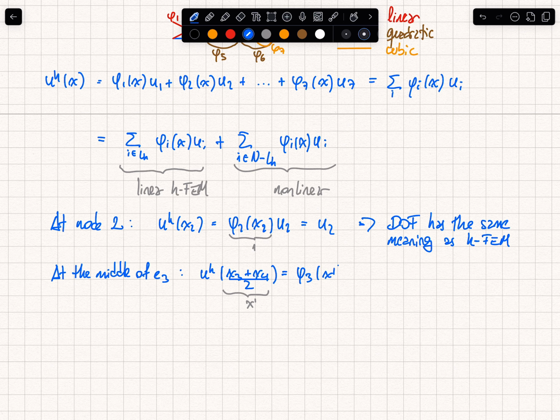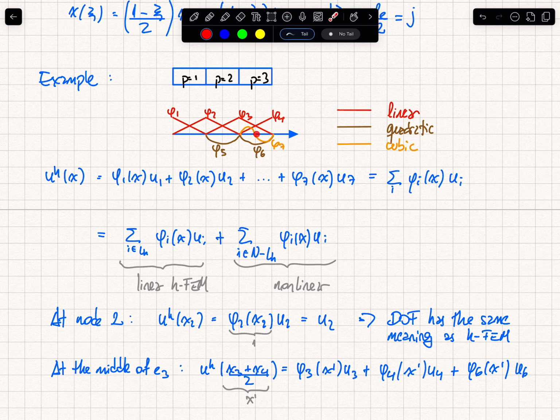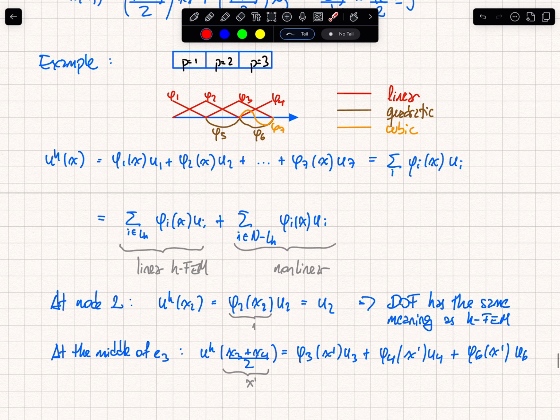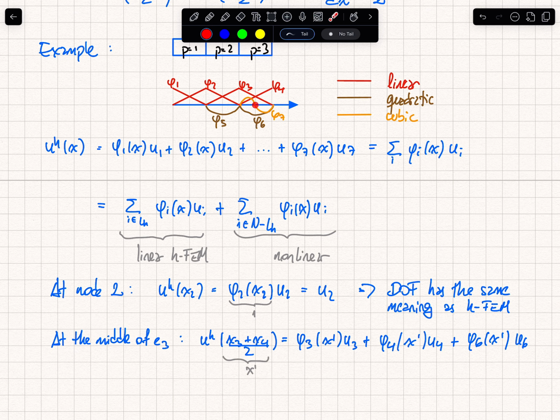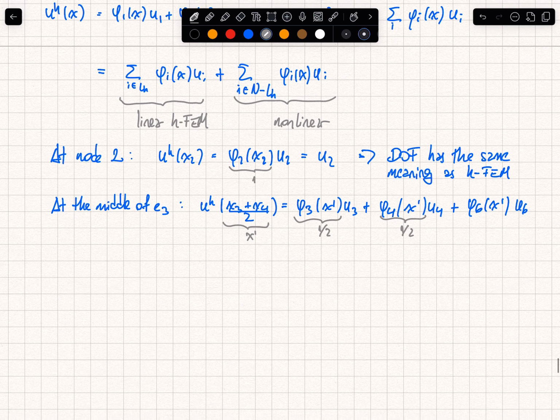So it's phi3 evaluated at x prime, times u3, plus phi4, those are the linear functions evaluated at x prime, times u4, plus phi6 at x prime, times u6. Well, since I'm exactly at the middle of the element, it turns out that my phi7 is equal to 0, right? So then I don't evaluate that. And because I'm exactly at the middle, phi3 and phi4 are equal to 1/2. So this one here is 1/2. This one here is 1/2, right?